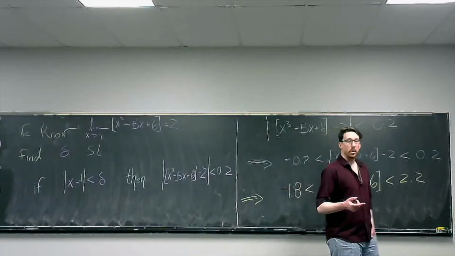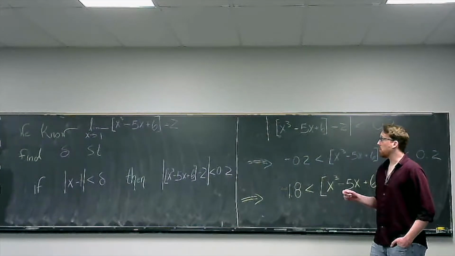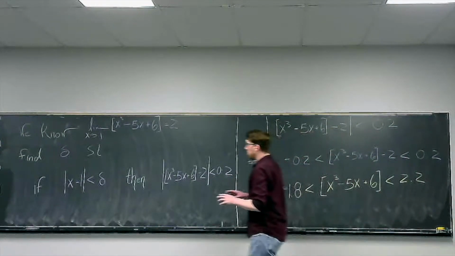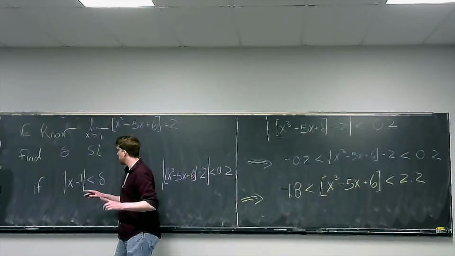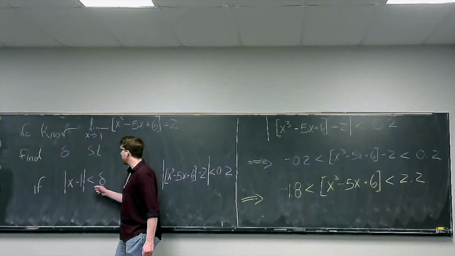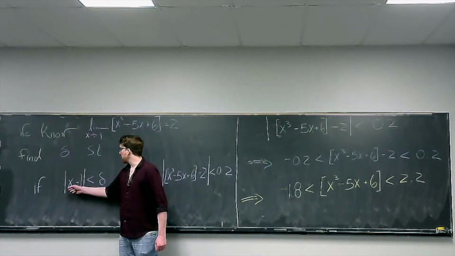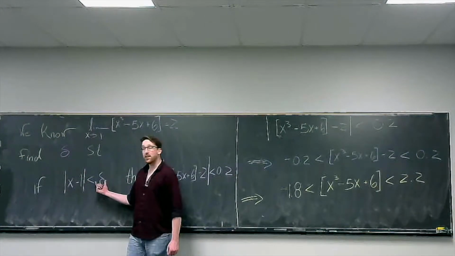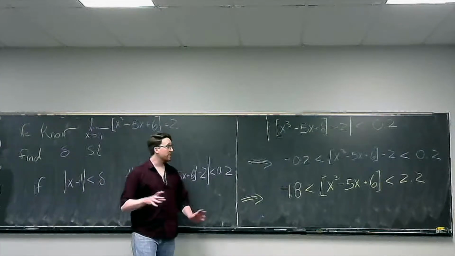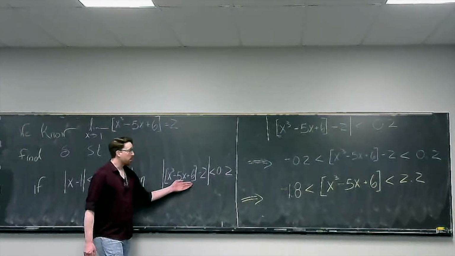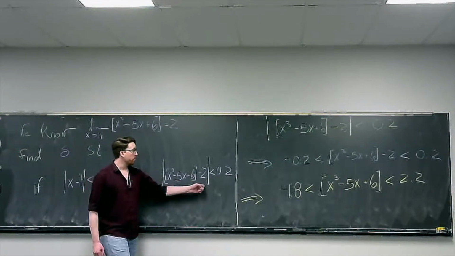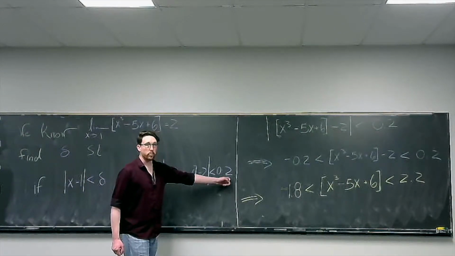In other words, we're going to find a delta value such that if the distance between x and 1 is within that delta value, then the distance between our function and 2 is within 0.2.